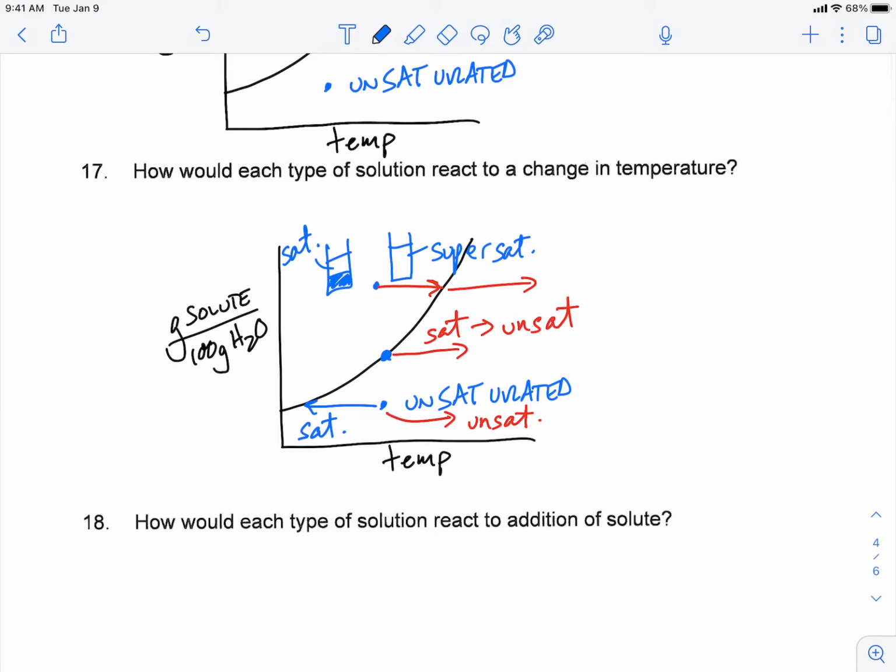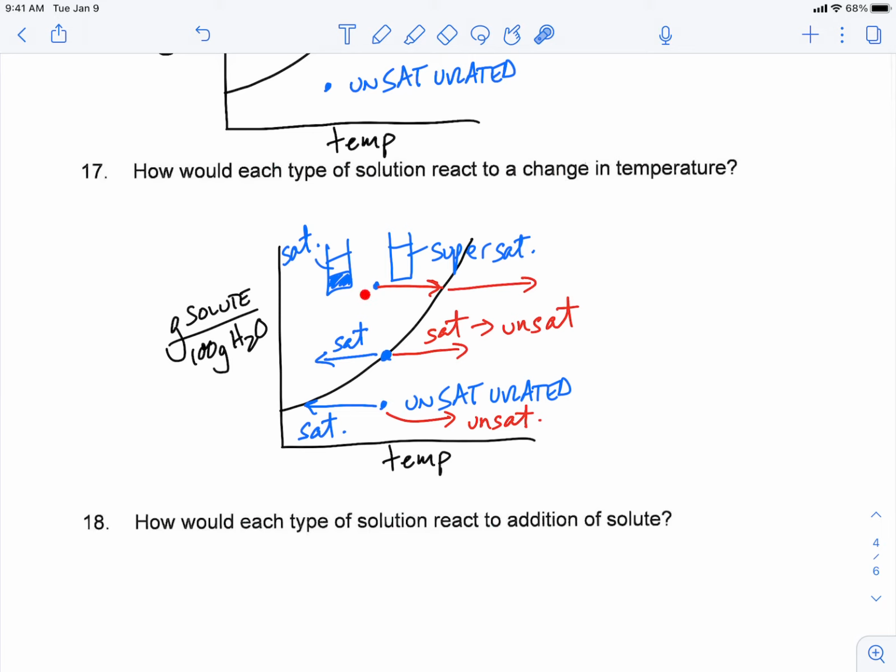If I had a saturated solution and I cooled it down, it would remain saturated, but I would probably see some crystals precipitate out.